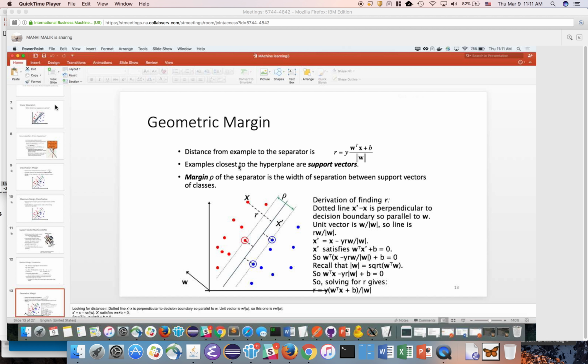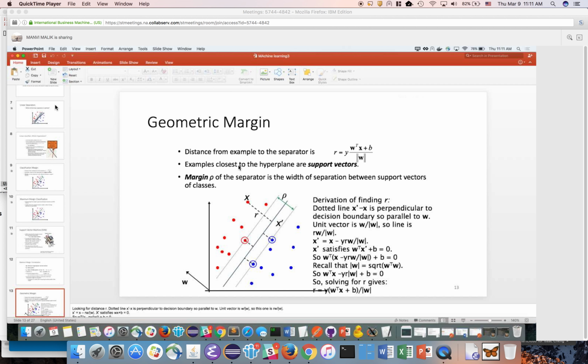So let's say this line x to x dash is perpendicular to the decision boundary, and this is going to be parallel to my hyperplane vector. So the unit vector across this line is going to be W divided by mod of W, and we calculate this x dash from that.